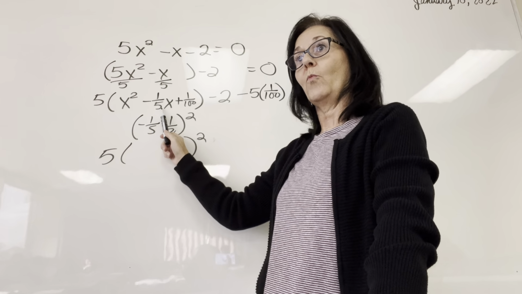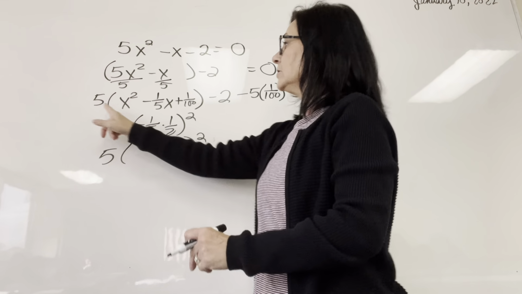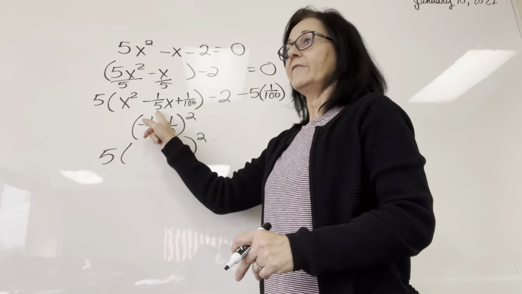So I end up with 1/5 x. If I multiply 5 times negative 1/5 x, what do I end up with? Negative 1, the original, right? So you're taking that lead coefficient, dividing your x squared and your x by that. All right, is everybody with us up to this point?